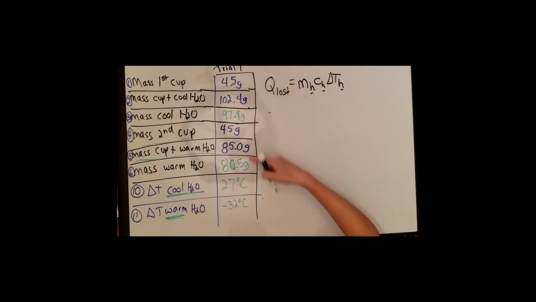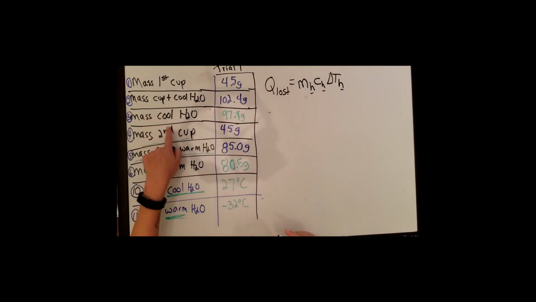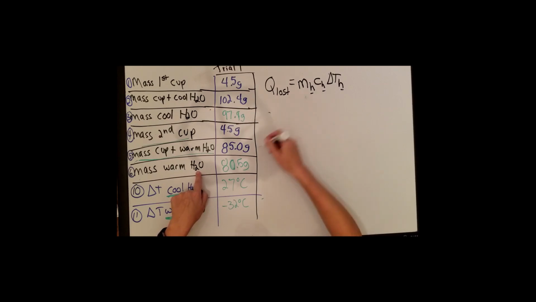So let's look through this table and find those values. So mass of hot. So moving down, I have mass of cool. Nope, that's not the one that I need because I'm looking at the one that lost heat. So keep going. Mass of warm water. So that's the mass I want to plug into this equation.